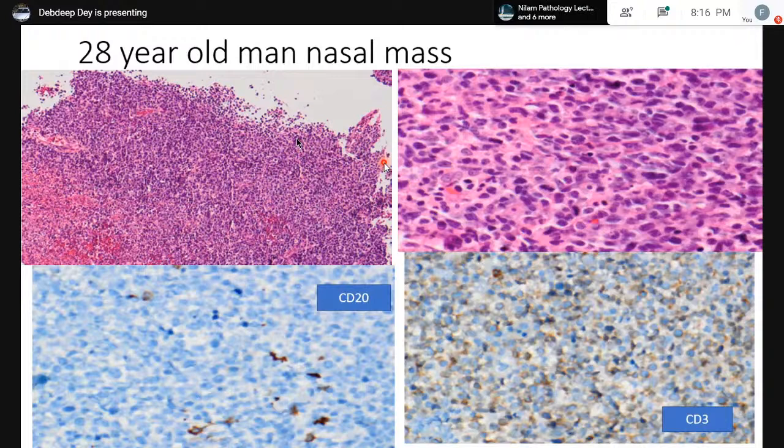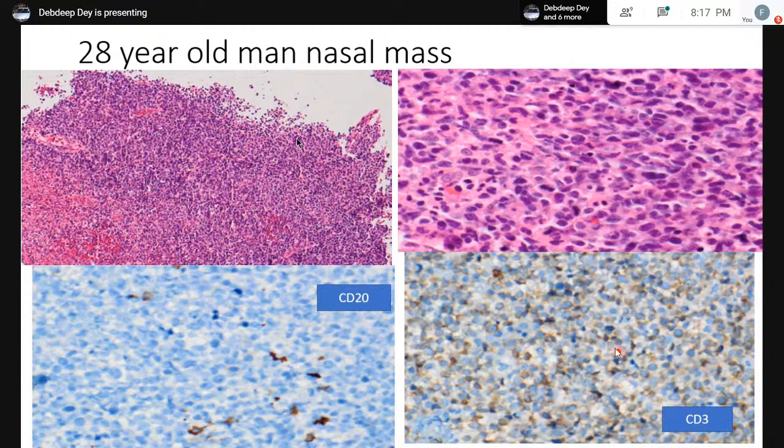This is another case of a 20-year-old man, nasal mass, and as you can see here, this is a very necrotic ulcer slough, but if you look hard enough here, you've got these cells with irregular medium to large size nuclei with mitosis.